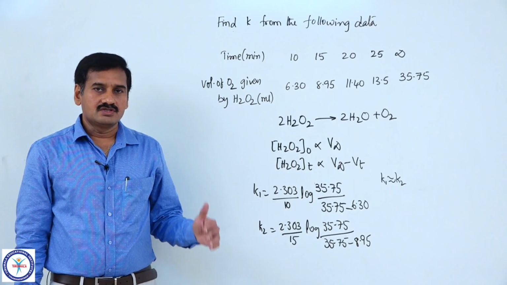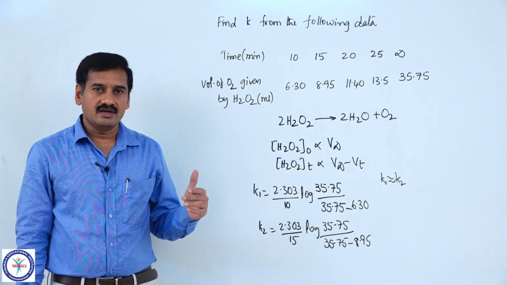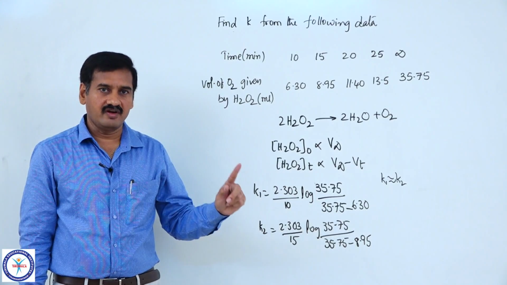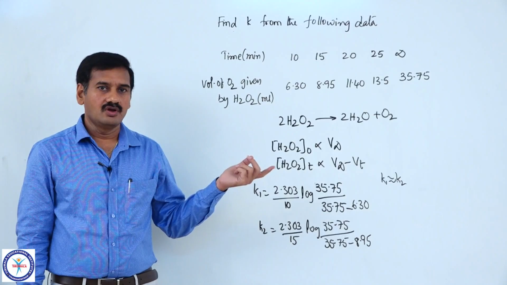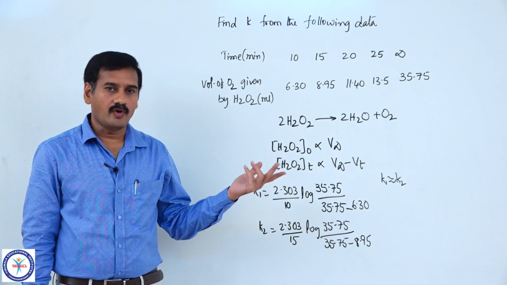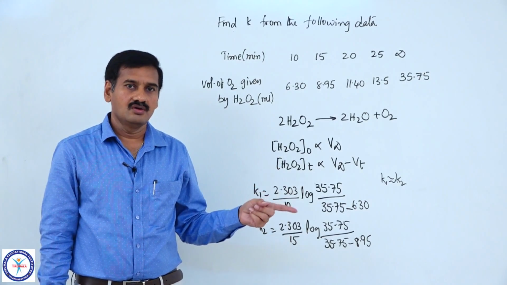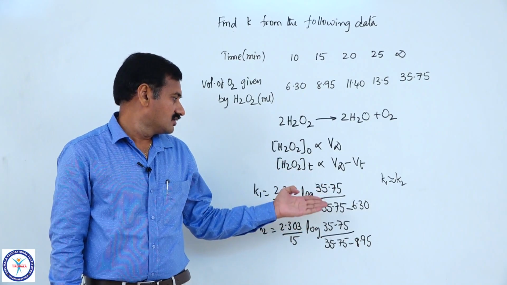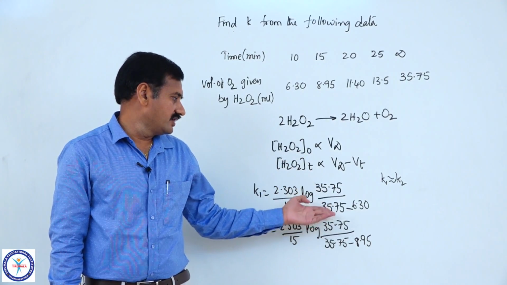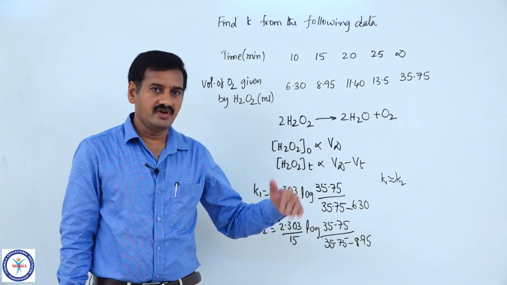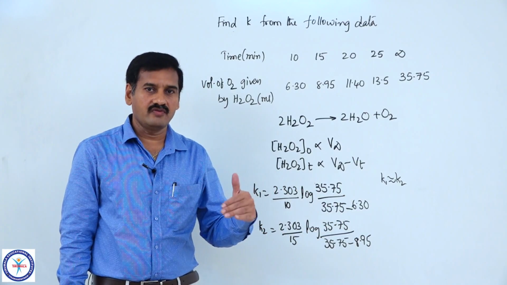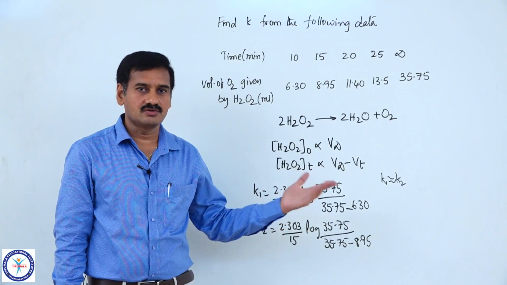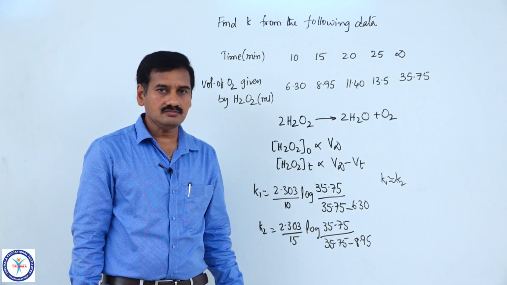If H2O2 concentration is calculated based on the volume of KMnO4 required at different times, you have to use K equal to 2.303 by t into log V0 divided by Vt. Here, V infinity divided by V infinity minus Vt varies from one type of reaction to another. From the knowledge of the reaction, you have to substitute the values.